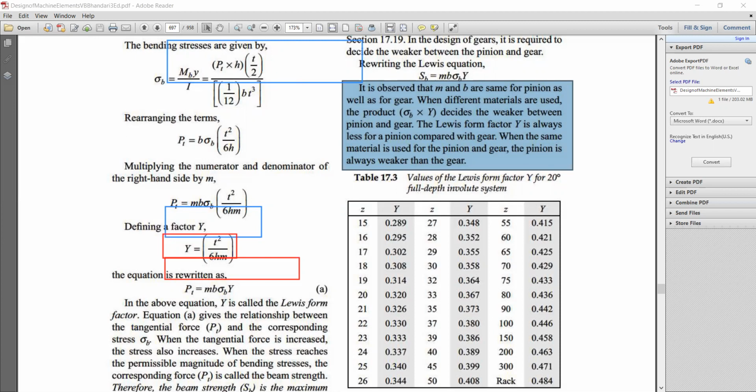This is the equation, based on that you can find out the dynamic Buckingham load.